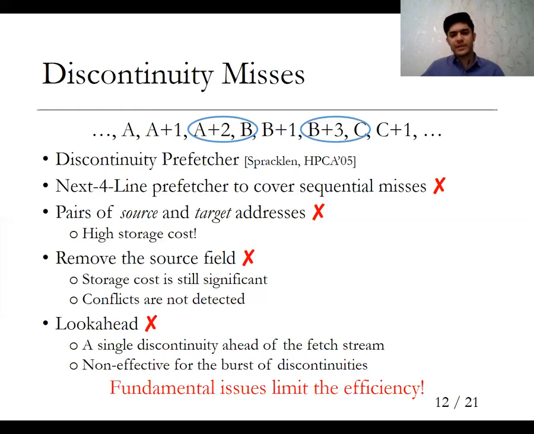In consequence, conflicts cannot be detected, which may result in lots of wrong discontinuity prefetches. Finally, discontinuity prefetcher can prefetch up to a single discontinuity ahead of the fetch stream, which provides a limited lookahead. Such limitations motivate us to propose an enhanced implementation of discontinuity prefetcher named Dis prefetcher that does not suffer from such shortcomings.